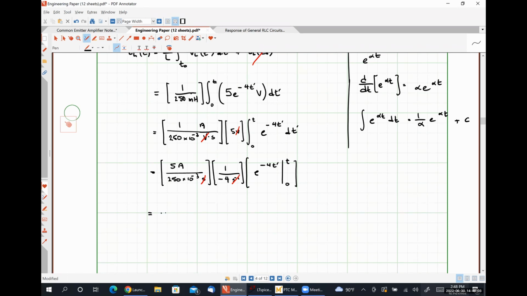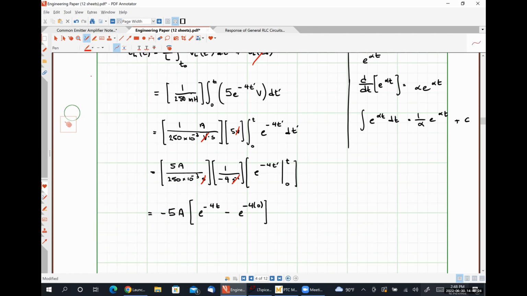So this is going to look like -5 amps multiplied by e to the minus 4t minus e to the minus 4 times 0.